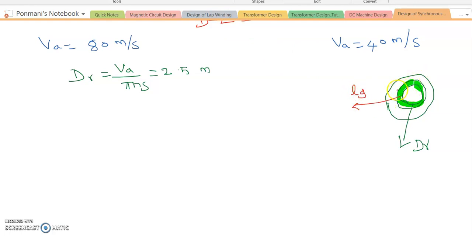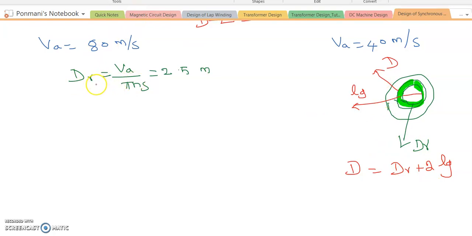This outer diameter is the main dimension D, the one we have to verify. The inner is the rotor diameter, and the outer is the stator bore diameter, or main dimension. From this, D is equal to Dr plus 2 times Lg, because Dr is this inner diameter and we have Lg on both sides.